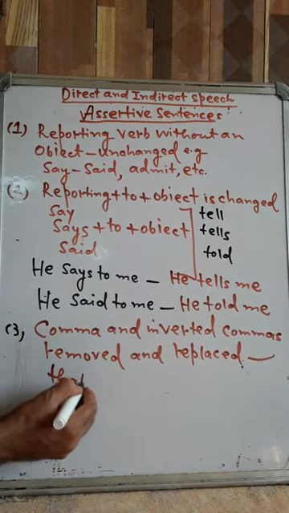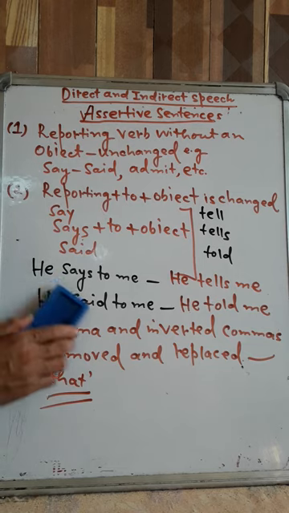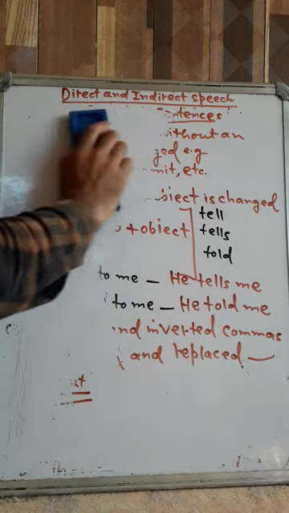Now these three rules we have to observe while changing an assertive sentence from direct speech to indirect speech. Now, let us take some examples so that we may understand how to change assertive sentences from direct speech to indirect speech.